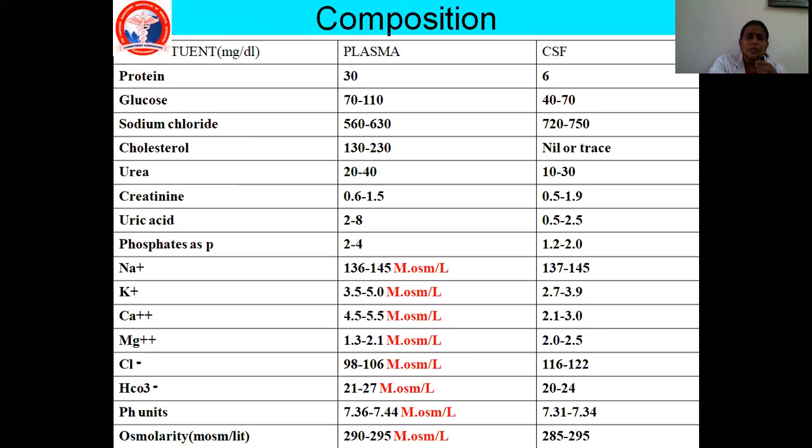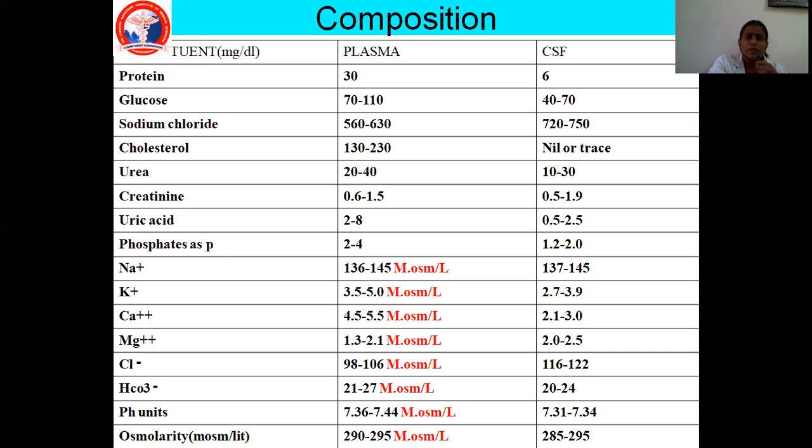This table shows the composition of the CSF, the organic substances and ions present in the CSF and plasma. The protein is very low in the CSF, and glucose is less.